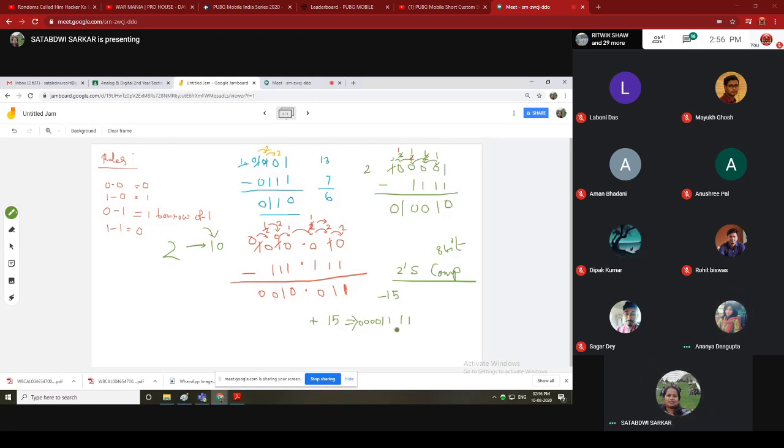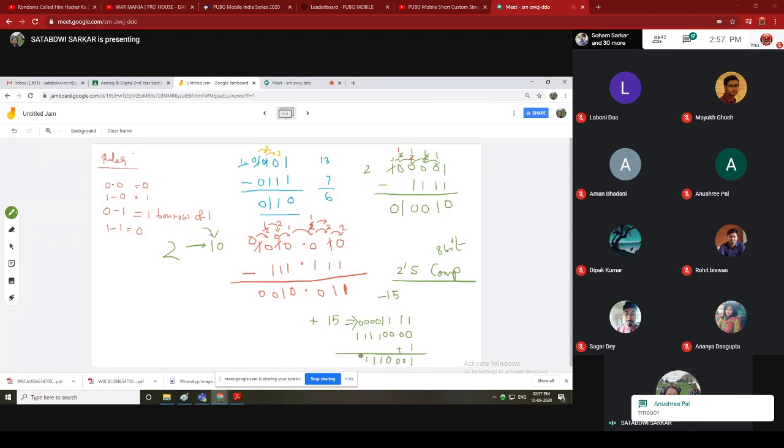Minus 15 in 2s complement. It is 0 0 0 0 and for this 1 1 1 1. It is the 8-bit representation. Now we have to take the 1s complement and add 1. So our result is 1 1 1 1 0 0 0 1.